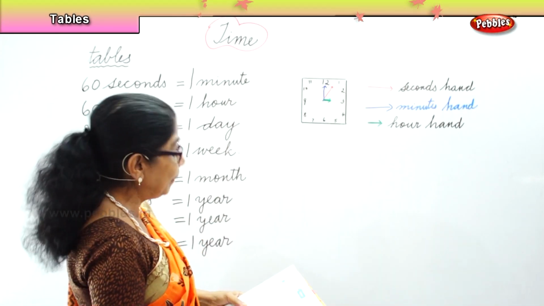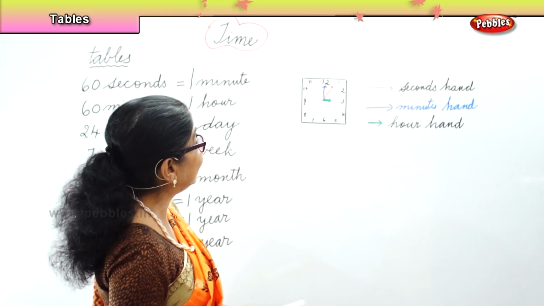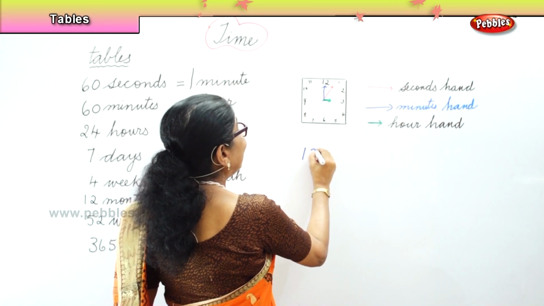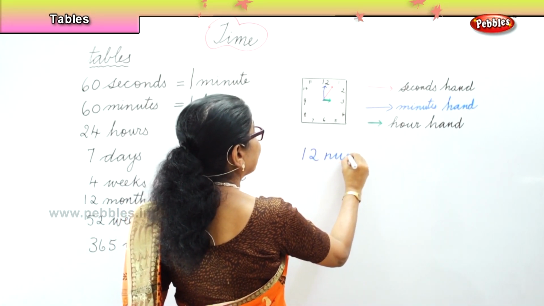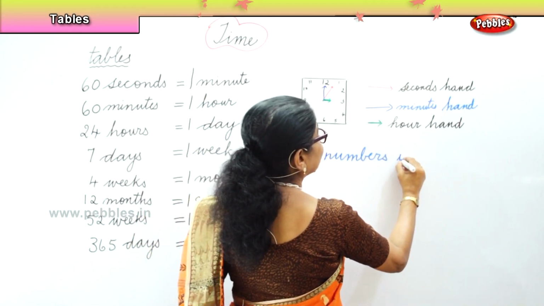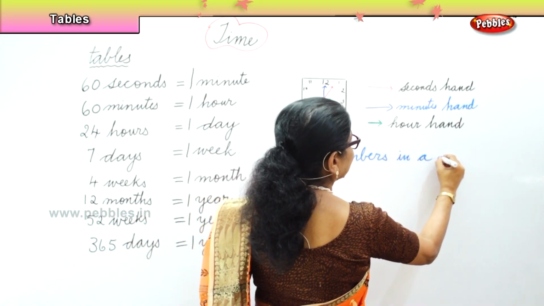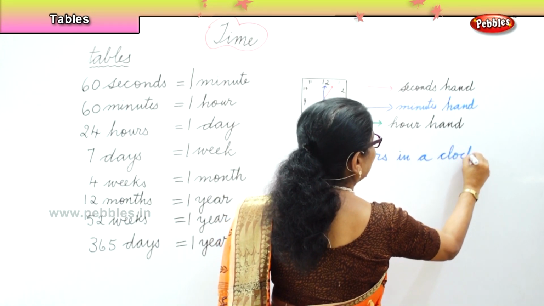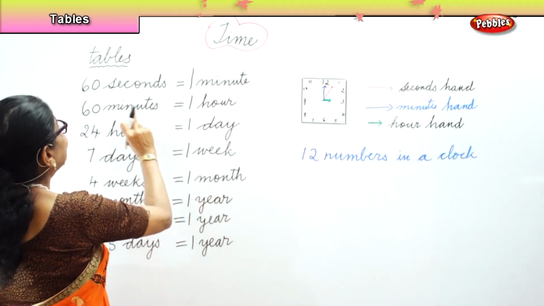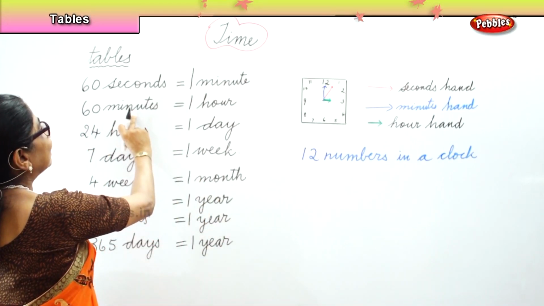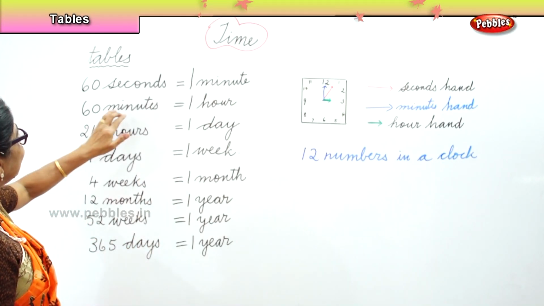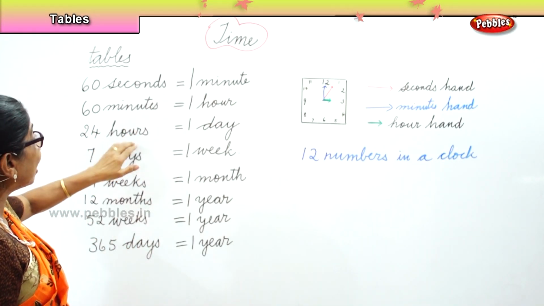Now, how many numbers are there in a clock? 12 numbers. There are 12 numbers in a clock. And normally, how many hands are there? You get the minute hand and you get the hour hand.